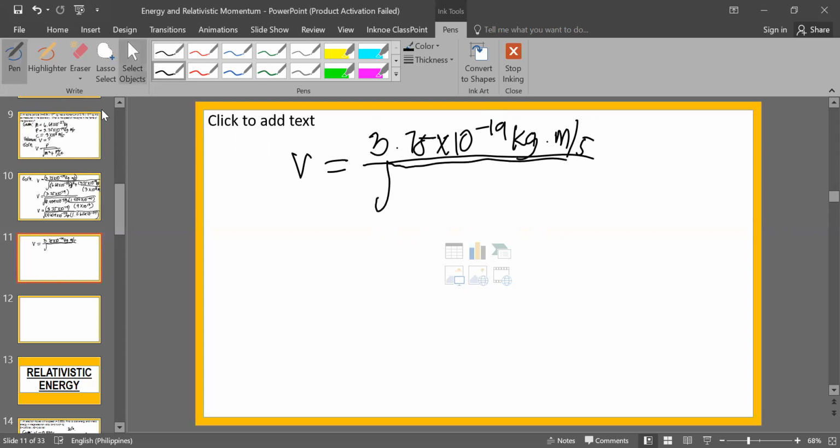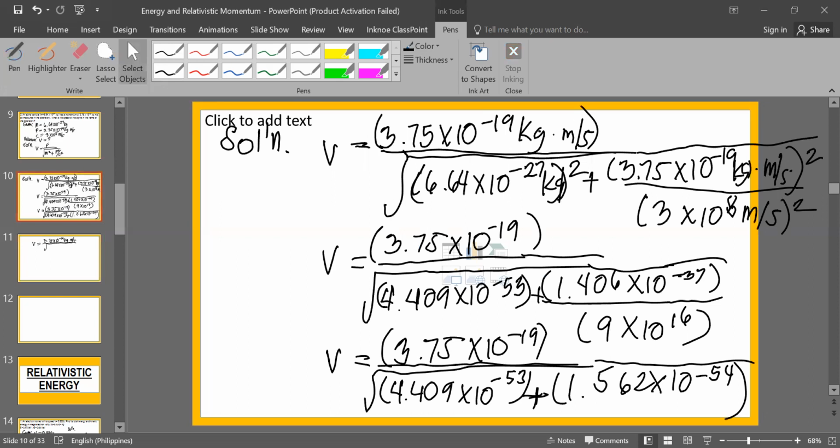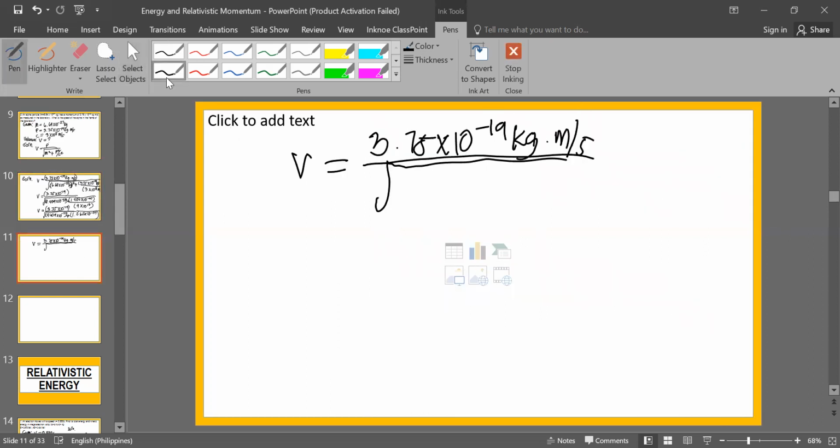So pag inadd mo yung 4.409 times 10 raised to negative 53 dito sa 1.562 times 10 raised to negative 54, the sum will be equal to approximately 4.565 times 10 raised to negative 53. Mahalagang lagyan natin ng close and open parenthesis itong nasa denominator para hindi magkaroon ng error sa computation.